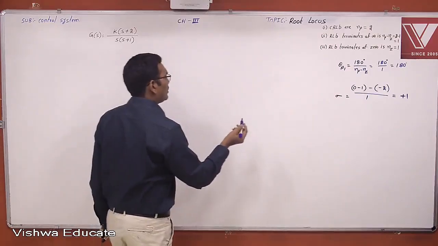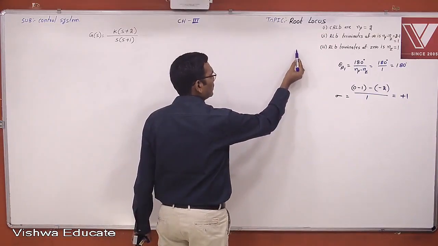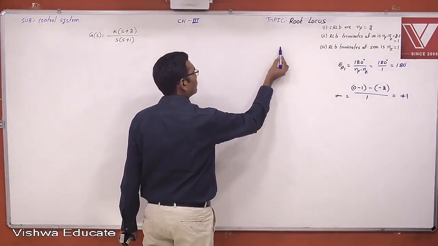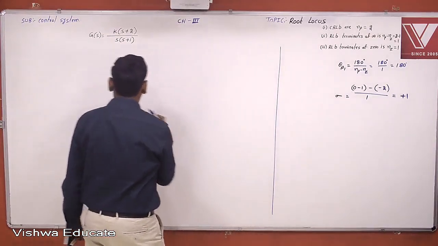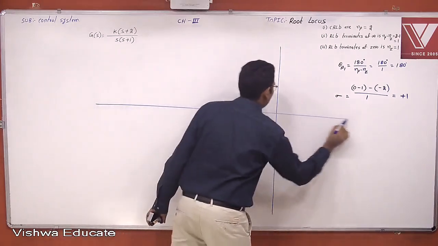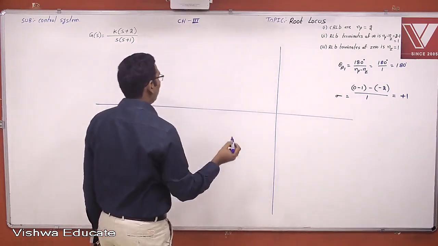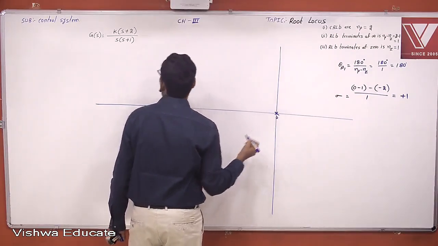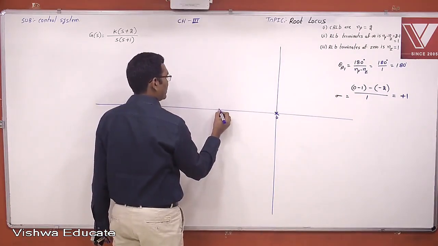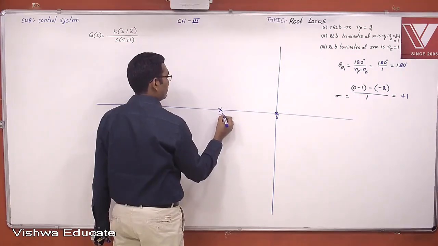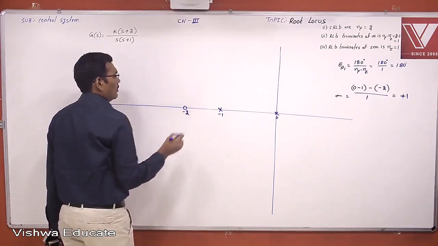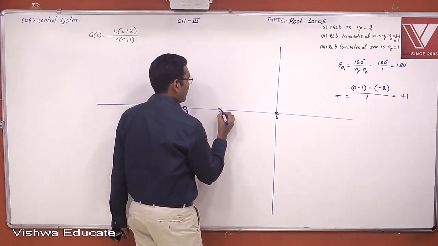Now we will try to draw the root locus diagram. One pole is at the origin, one pole is at minus 1, and one zero is at minus 2, and this is the root locus branch.